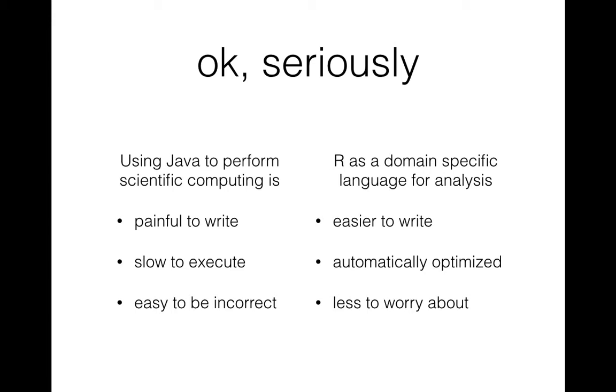So there are some traps if you're trying to implement even a simple statistical method. But R is a domain-specific language. It's easy to write and it's automatically optimized, and there's less to worry about in those tricky parts of numerical computing or statistical method implementation.